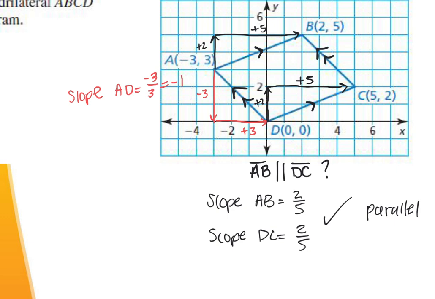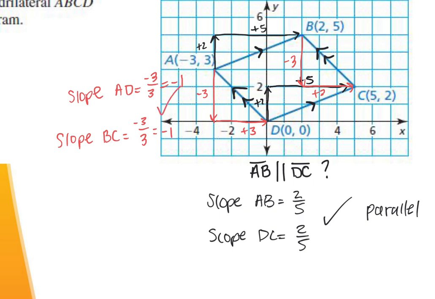What do we compare that to? The slope of BC. Excellent. So the slope of BC, we're going down 3, minus 3, and then to the right 3, plus 3. So the slope of BC is also negative 3 over positive 3, which is just negative 1. Are those slopes the same?